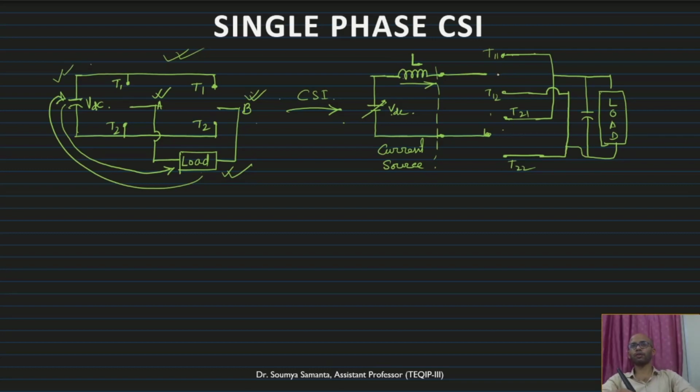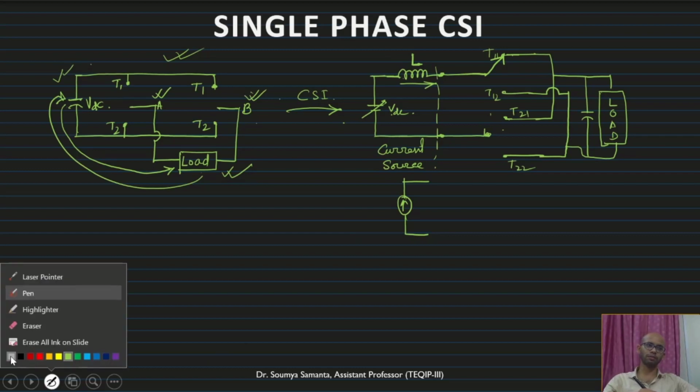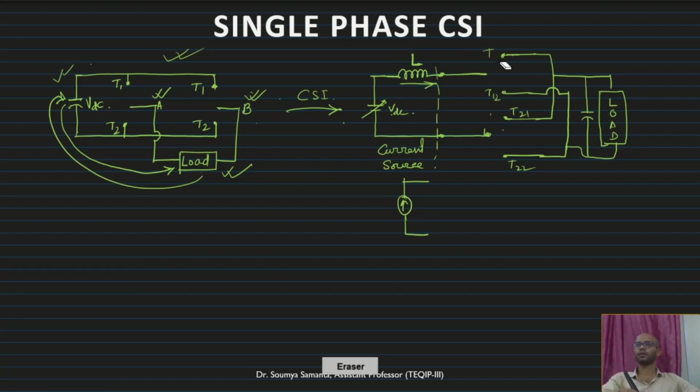Now how will the current conduct, how will the current flow through? Let me draw it here. This is equivalent to a current source. Suppose this is T1. If T1 is connected, this is the direction of the current.